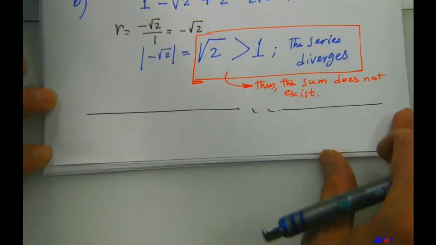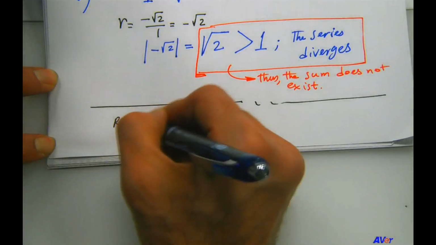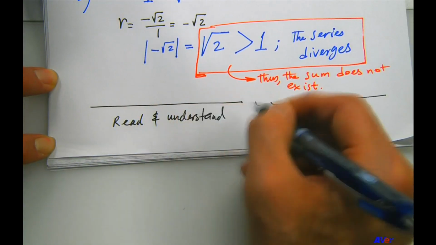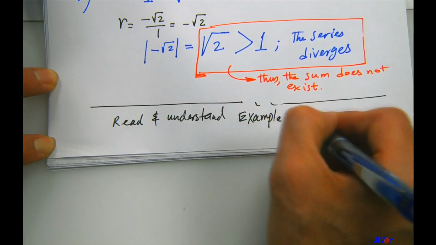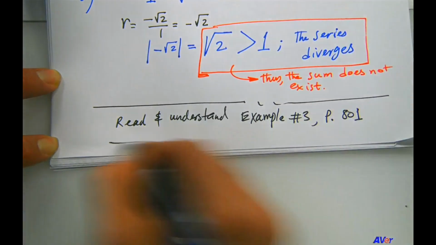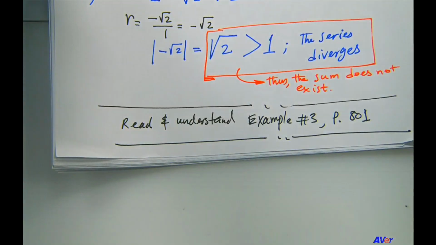So one thing I want to mention at the end of this video is please read and understand example number 3 of page 801. Okay, so I thought that's a good example to have a look at. That is in case you haven't already gone through the book, so that would be a good example to make sure that you pause and understand as much of it as you possibly can.